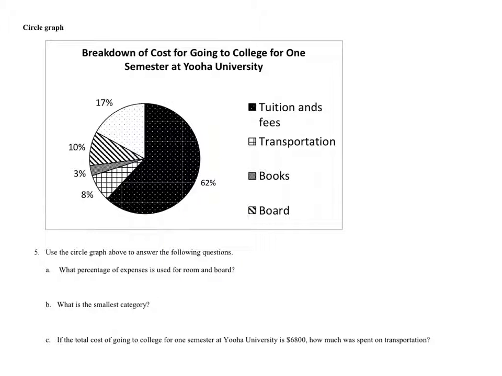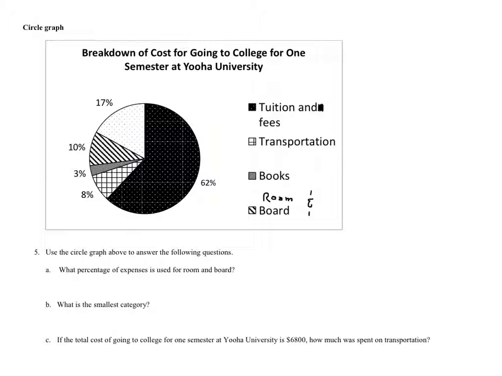Okay, I'm first going to X out this little S here because that shouldn't be there. And this word board, it should be room and board. Okay, so use the circle graph to answer the questions.